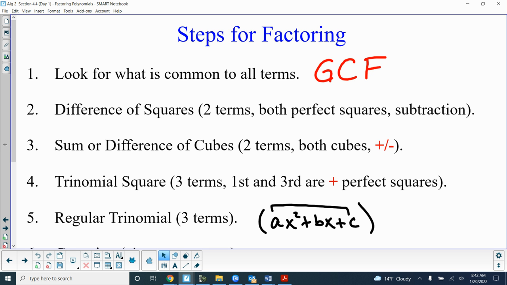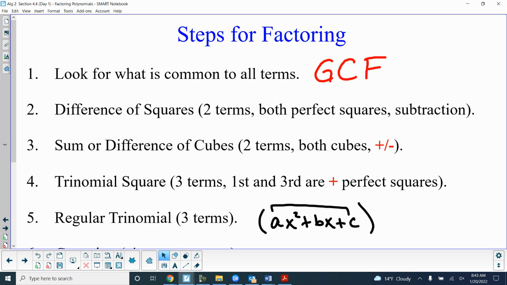Okay, number four is one of those special trinomials, three terms, because it's a trinomial. The first and third are positive perfect squares, and we did the 1, 2, 3 test. Okay? Number one was the square root of the first term. Number two was the square root of the third term. Number three, multiply the answers from 1 and 2 together.